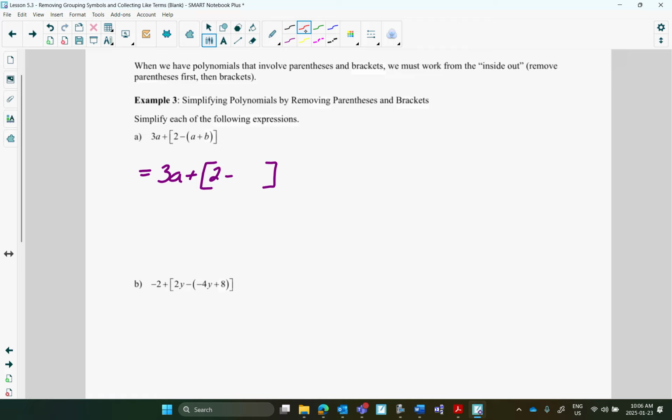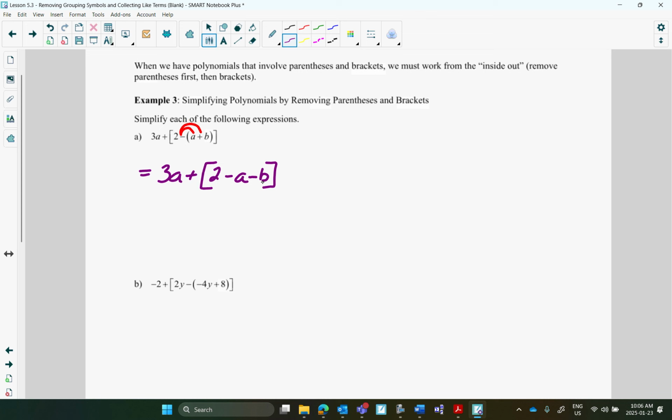And when I take it out, I've got a minus a and a minus plus b, which changes to minus. Like so. So the parentheses are gone. Now we take the brackets.